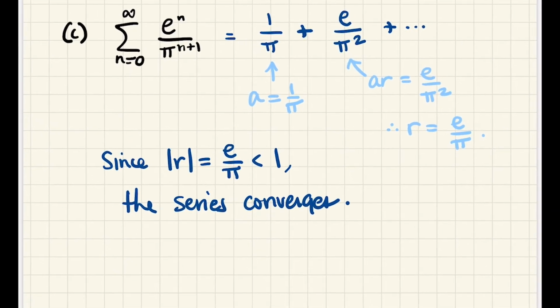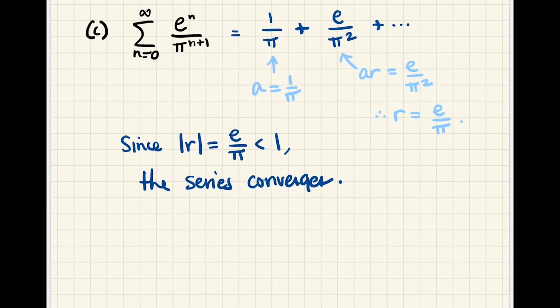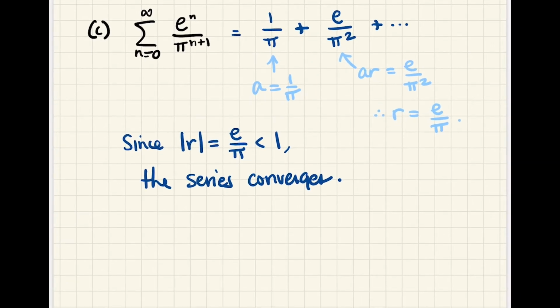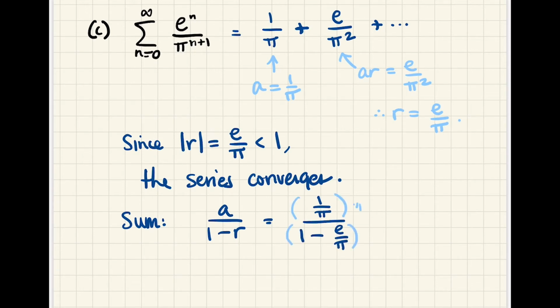And now that we've established the fact that the series converges, it's worth calculating its sum. We're allowed to do that. So the sum is a over 1 minus r. a is 1 over pi. r is e over pi. So we get 1 over pi minus e as the sum of that infinite series.